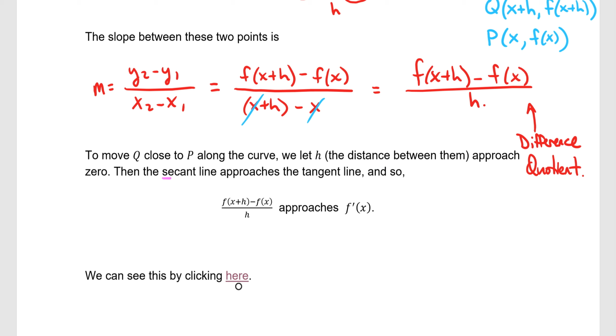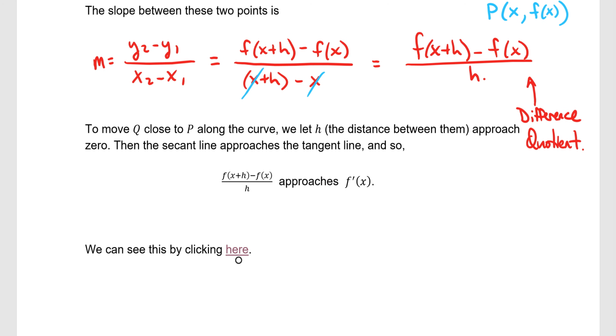What that means is that the secant line approaches the tangent line. And what that means is that this difference quotient approaches the derivative at that point, because the derivative represents the slope of the tangent line. So that's hopefully not too confusing, but let's click this link here and see a representation of this on a graph.